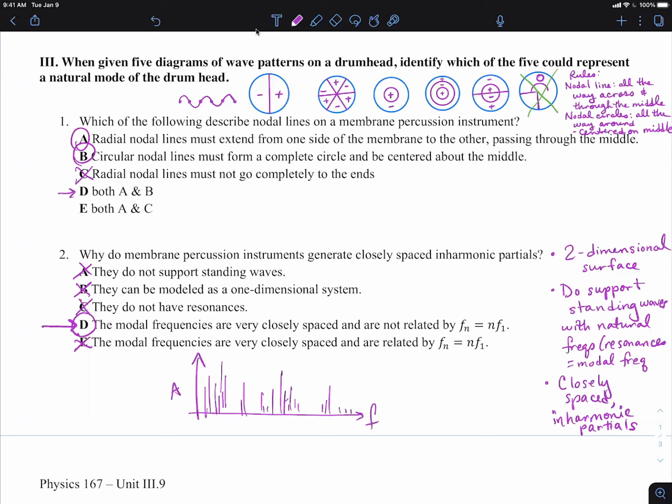Okay, so inharmonic partials, closely spaced, is how you would identify a list of frequencies as coming from a membrane percussion instrument.